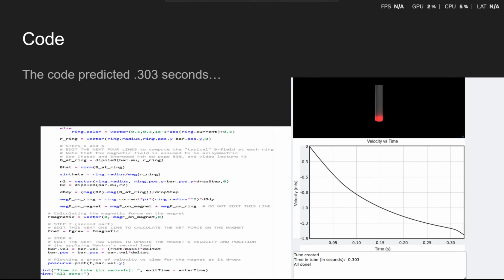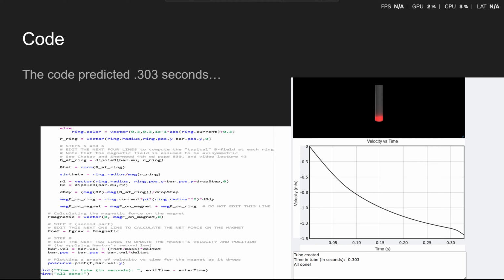The code did predict 0.303 seconds. I believe this is purely a constant error, not a calculation error. It's hard to actually measure aluminum foil because as you move around, it loosens up and fluffs up bigger than what it might actually be.